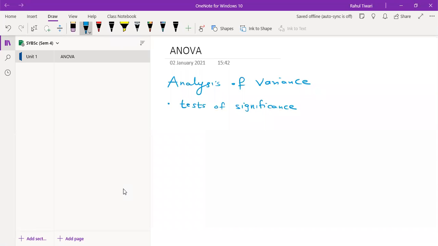As I mentioned, we have already discussed a few parts of that. This analysis of variance was mostly described and introduced by Professor R.A. Fisher, whose full name is Ronald Aylmer Fisher, from 1890 to 1962.